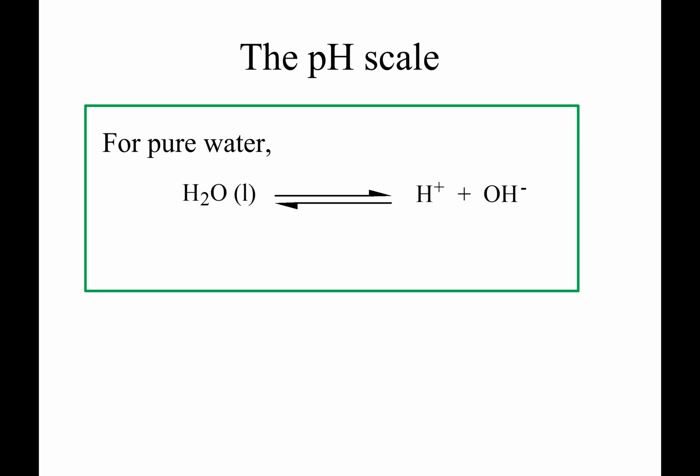For every 1 mole of this that ionizes, you get 1 mole of this. Put X here, you get an X and an X. Kind of like we talked about with molar solubility. Does that make sense?